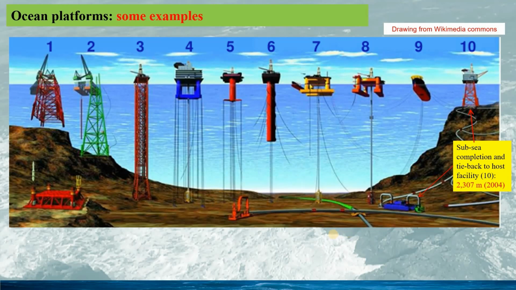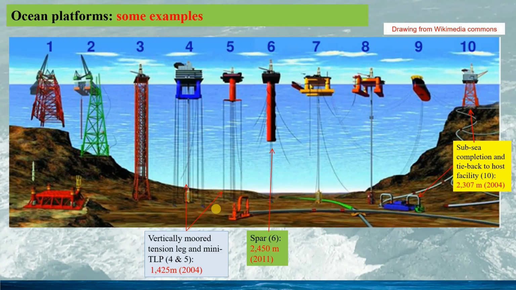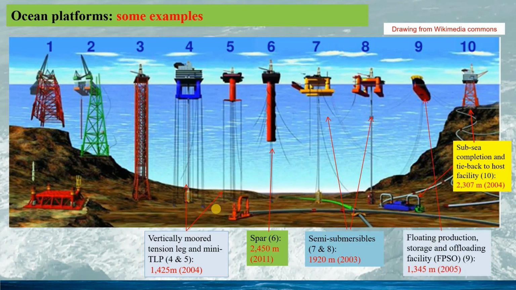We have many different types of floating structures. In this drawing, different types of floating structures are used in offshore crude oil production, storage, and offloading. The floating structures include the vertical moored tension leg platforms and the mini TLPs, the spar type of floating structure, the semi-submersible structures, and the floating production, storage, and offloading facilities, FPSO.